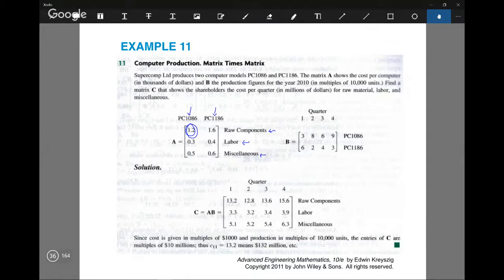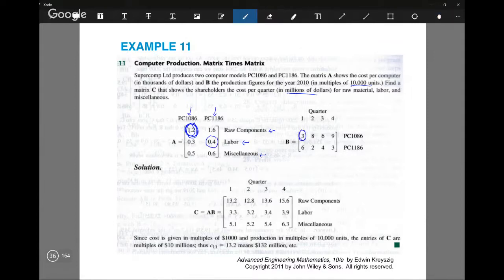So let's see, $1.2 million for every 10,000 units. The cost of labor for this type of PC is $0.4 million for every 10,000 units. The second matrix B shows the numbers of... Oh, my mistake. These are the costs in thousands of dollars. These are the production figures in 10,000 units.